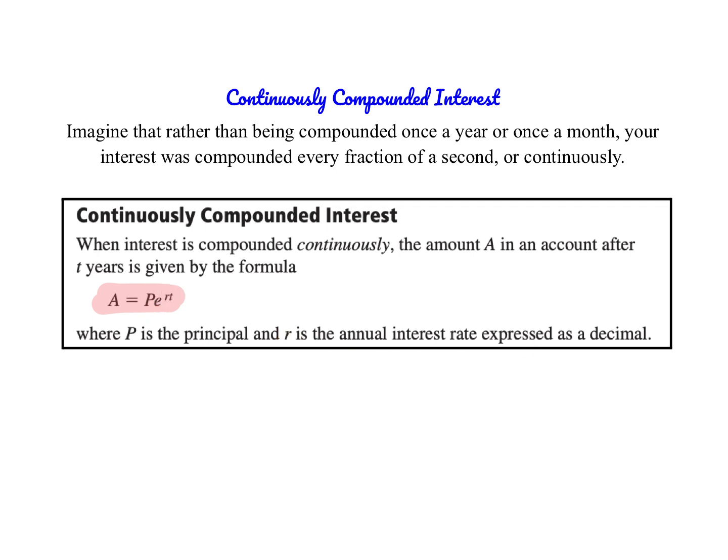And R is still the interest rate as a decimal. So you can see that now we have a base E function. So remember, E is that irrational number we learned about that helps us model continuous growth. So this, again, is the formula we use for this very specific case.